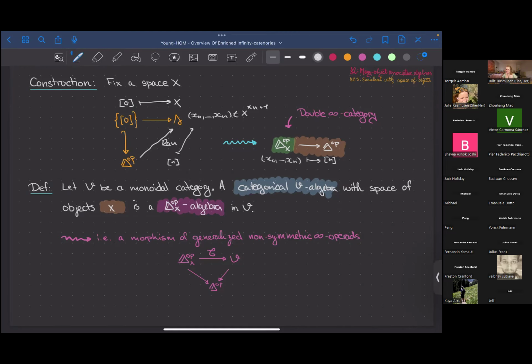There is a reason for it, and why this is not what we want as our V-enriched categories. But let's first see why this, again, gives us the kind of structure that we're interested in.